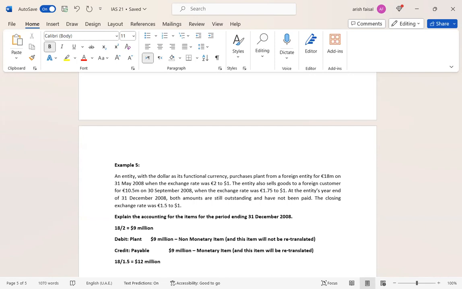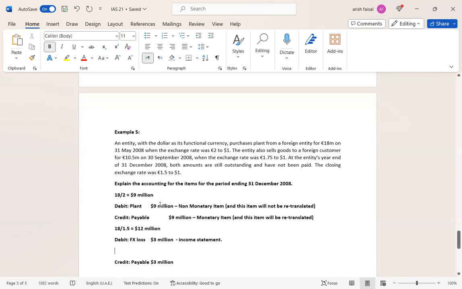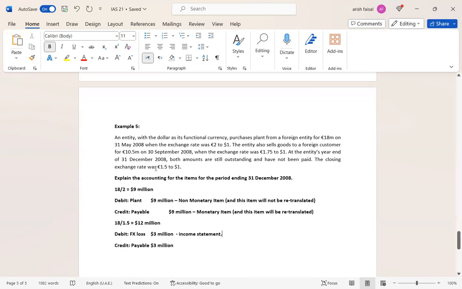So I'm going to debit foreign exchange loss with the amount of 3 million. That's the difference between 9 and 12. And credit will be accounts payable with the amount of 3 million. This loss will be recorded in the income statement. So that's how you're supposed to treat the purchase of the plant.